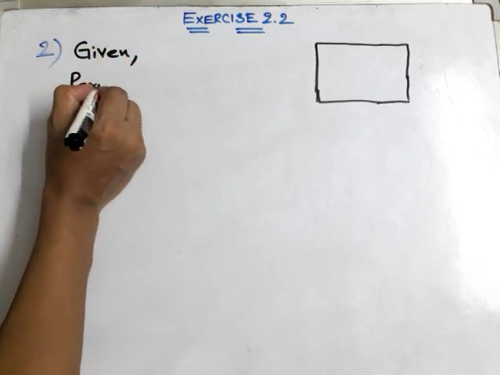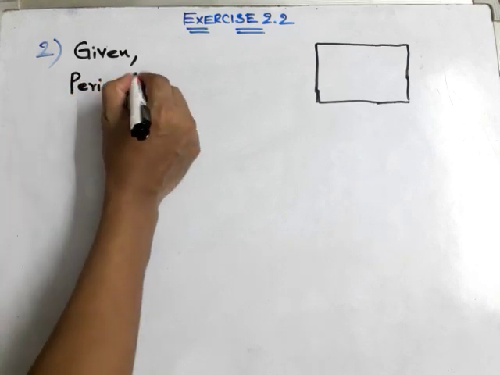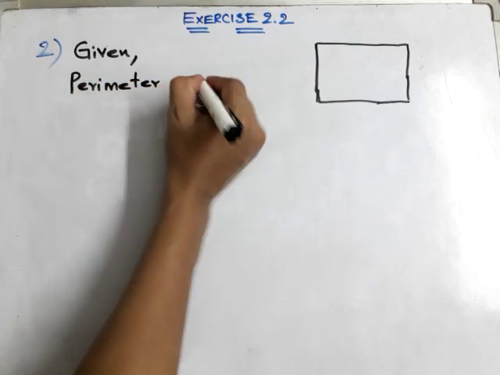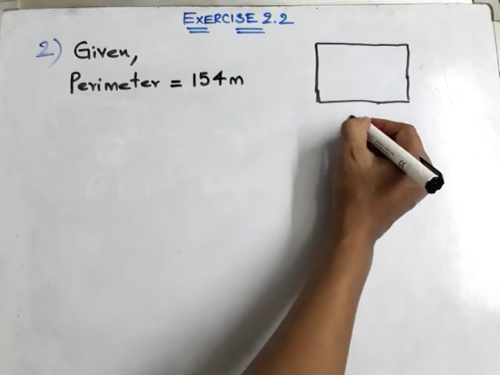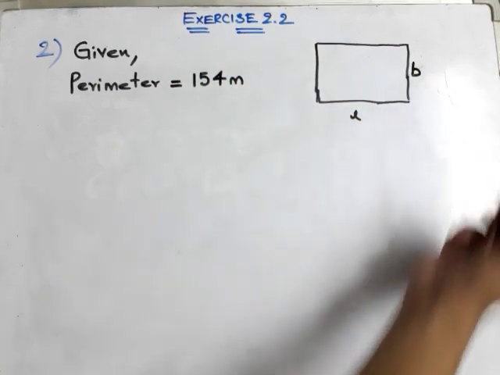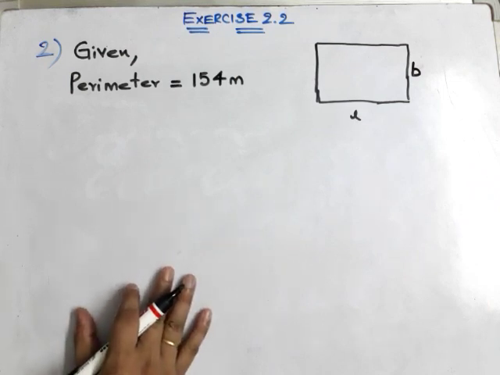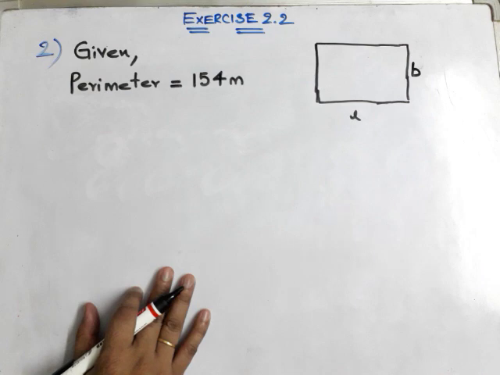Given perimeter is equal to 154 meters, and as you know, it will carry length and breadth. So perimeter is 154. Now look, its length is 2 meters more than twice its breadth.